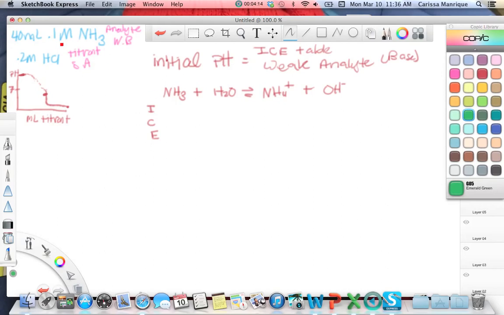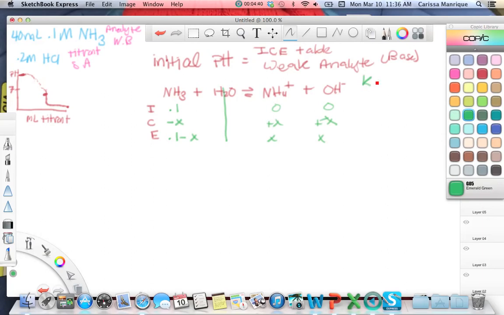Initially my molarity for NH3 is 0.1. Water we don't care about. NH4 plus and OH minus are 0 and 0. Our change is x, we don't know that, plus x because these are products. So then we're going to have 0.1 minus x, x, x.